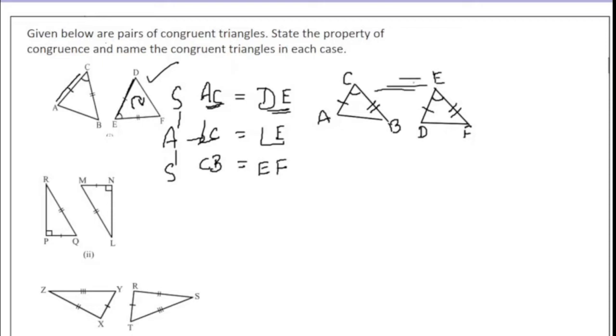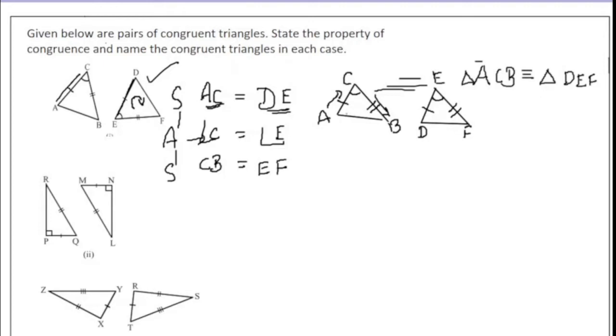So now you can say that these three are congruent. That gives us, now let's take it in the same order, A, C, B, right? Triangle ACB is congruent to triangle DEF.